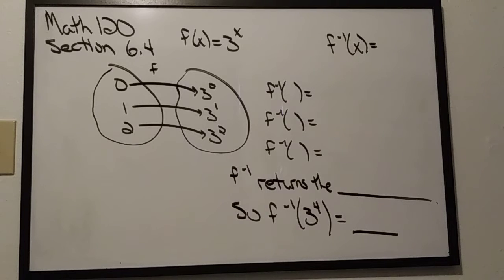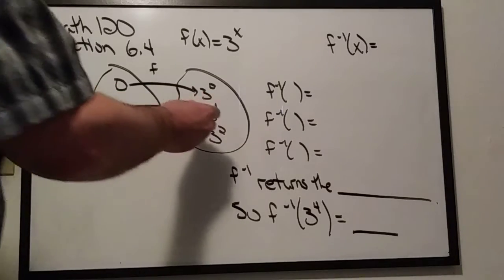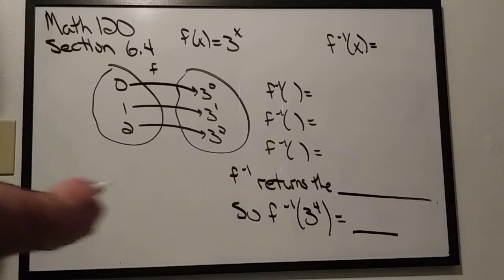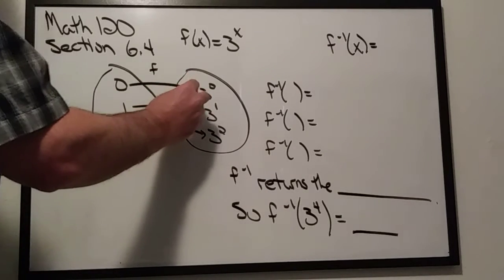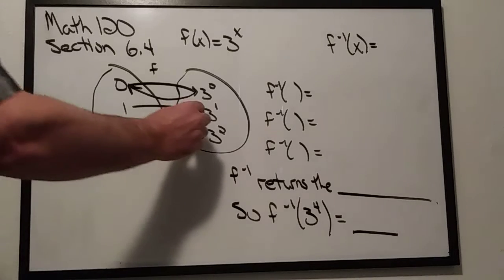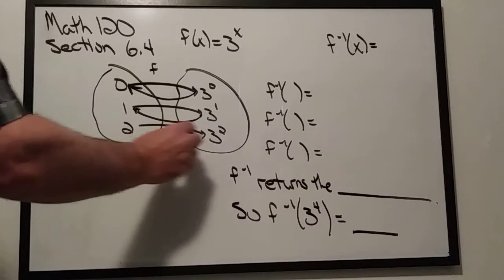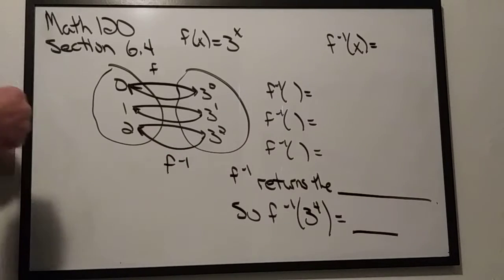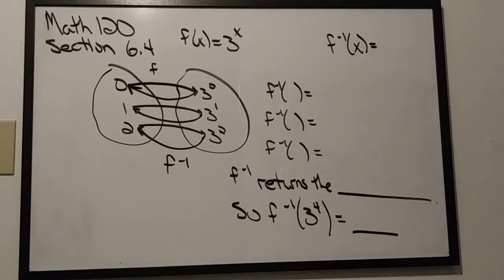So remember that an inverse function undoes what the original function does. So the inverse function would come in and take this 3 to the 0 power in the range of f and move it back to the 0 over in the domain of f. 3 to the first would get mapped back to 1, 3 to the second would get mapped back to 2, and that's all happening with this new function called f inverse.